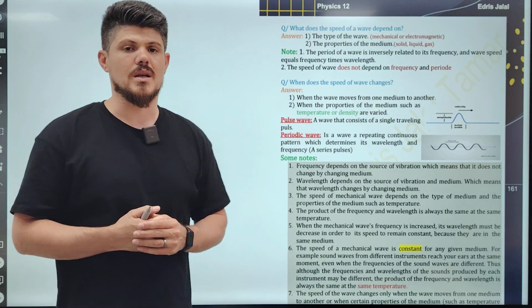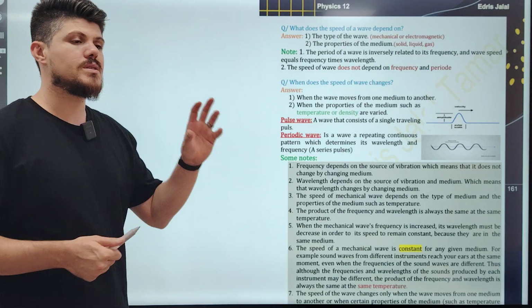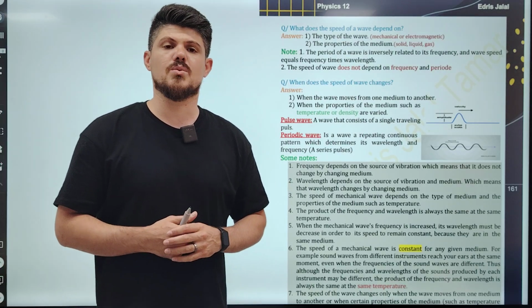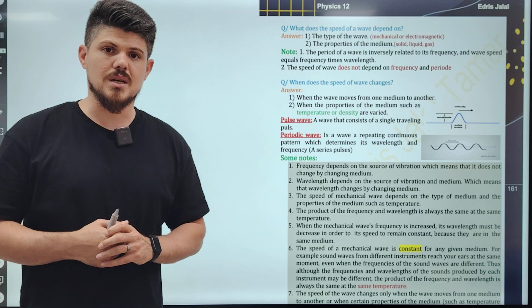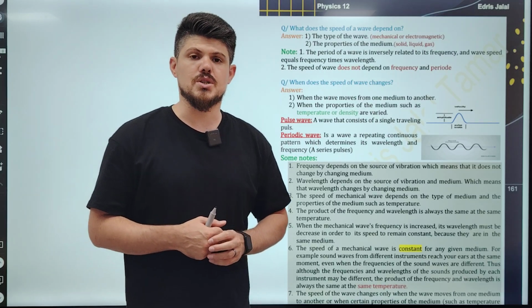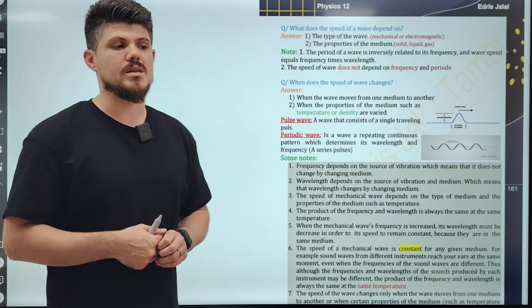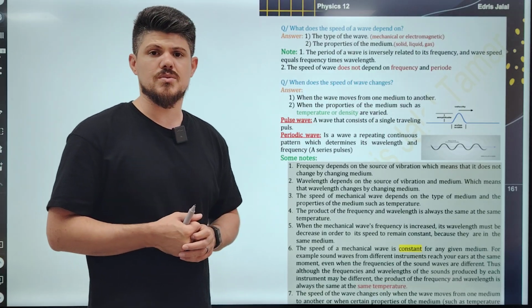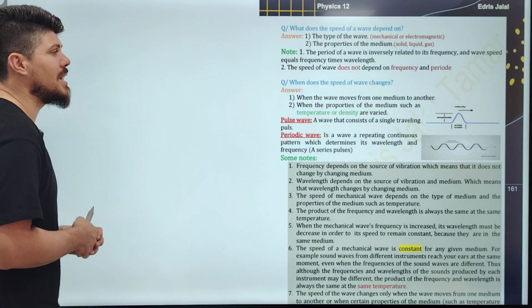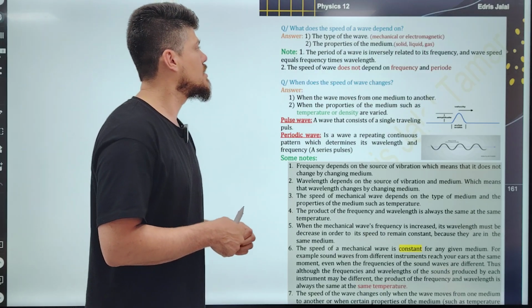The speed of sound in a solid is approximately 3,100 meters per second at a given temperature. But the speed of sound in air at approximately 10 Celsius is maybe 340 meters per second, which is smaller than in liquid and solid.